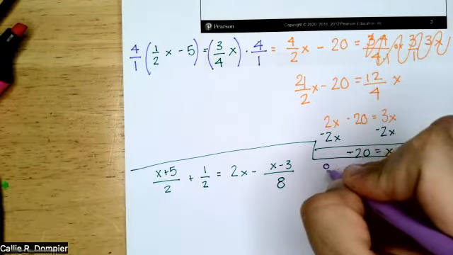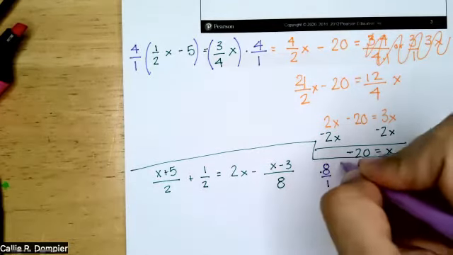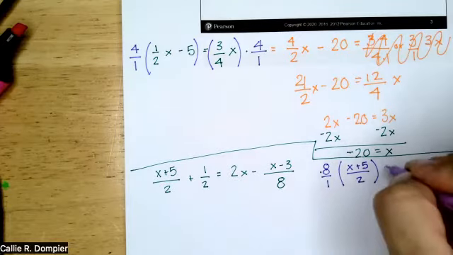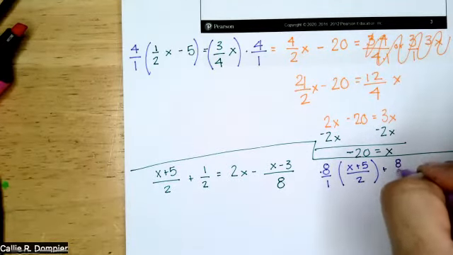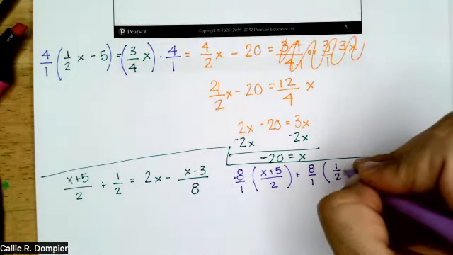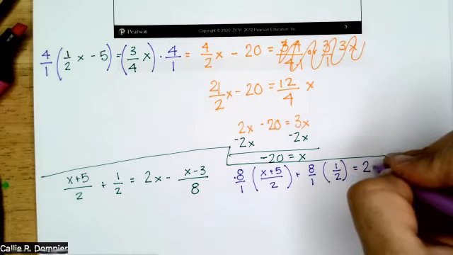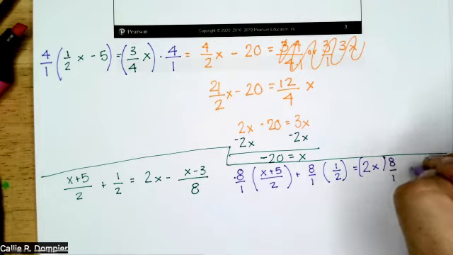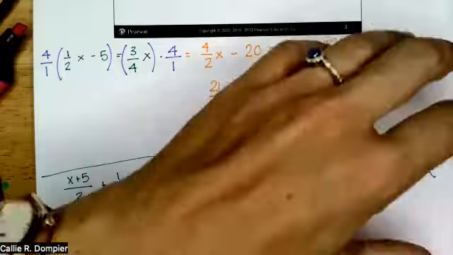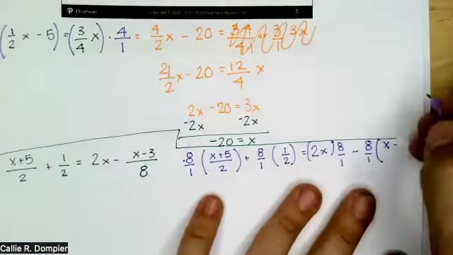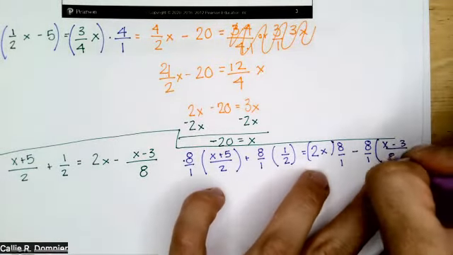So we have 8/1 times x plus 5/2 plus 8/1. So 8/1 times all of this times 1/2 equals 2x times 8/1 minus 8/1 times x minus 3/8.